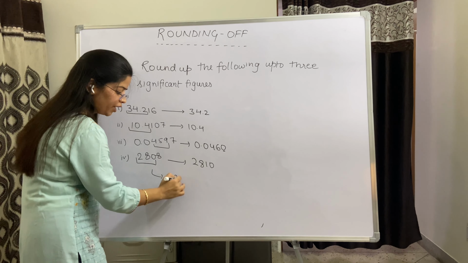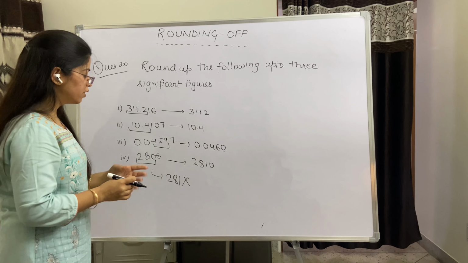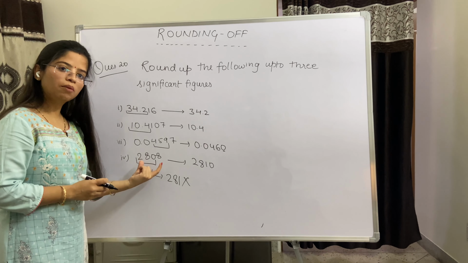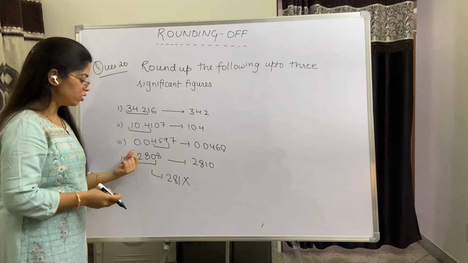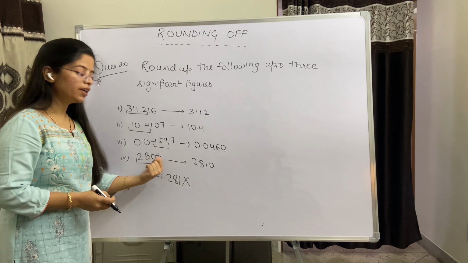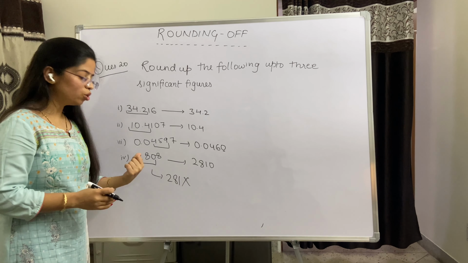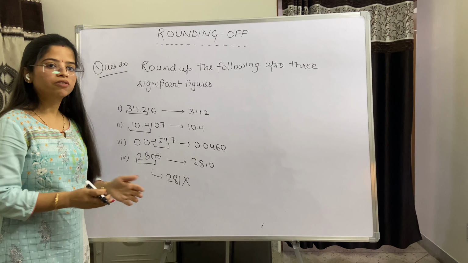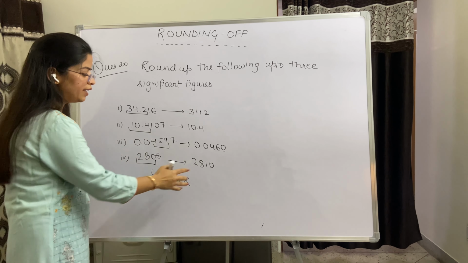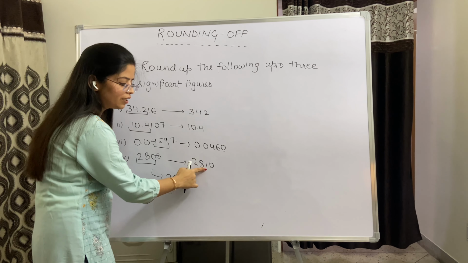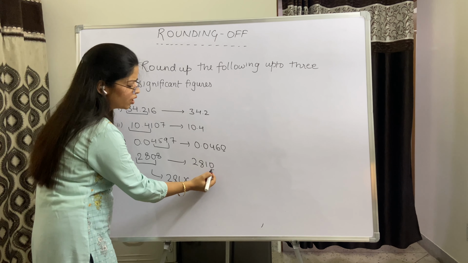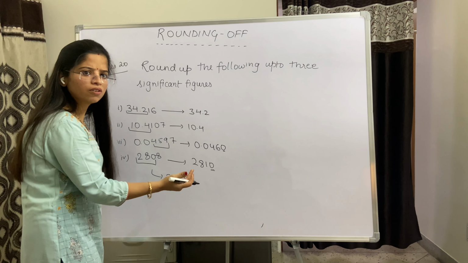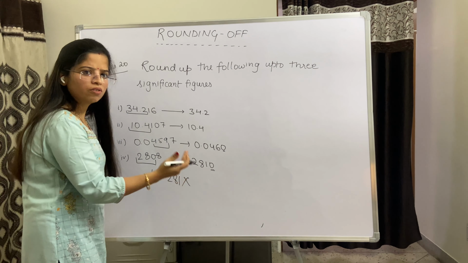Because whenever we are rounding off, it doesn't mean that we can convert a 4-digit number to a 3-digit number. Because this is 2808. How can you convert 2808 to 281? The variation is very large, and in this case we are having only 3 significant figures because we do not consider the trailing zero as significant. It was according to rule 4.